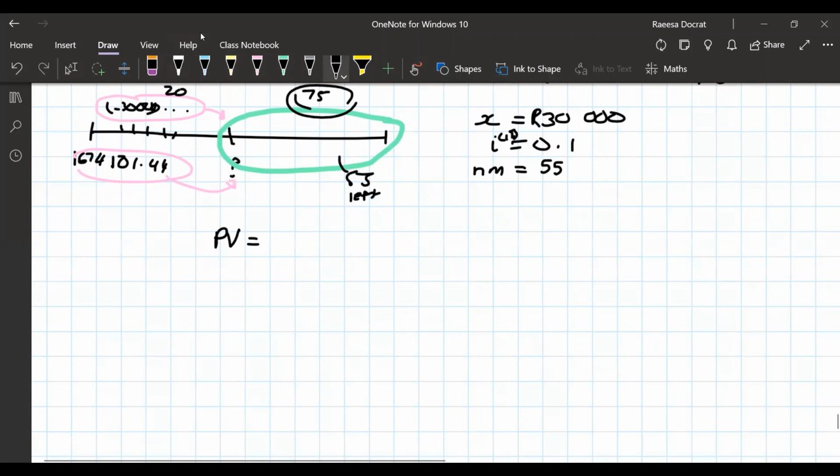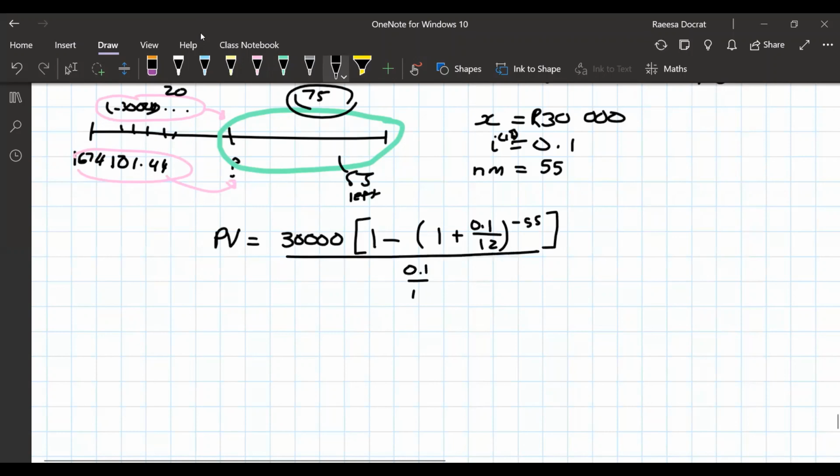So here we have that it's x times 1 minus 1 plus 0.1 over 12. Okay, let's put in the actual values. So it's 30,000 times 1 minus 1 plus 0.1 over 12 to the power of minus 55, all over 0.1 over 12.